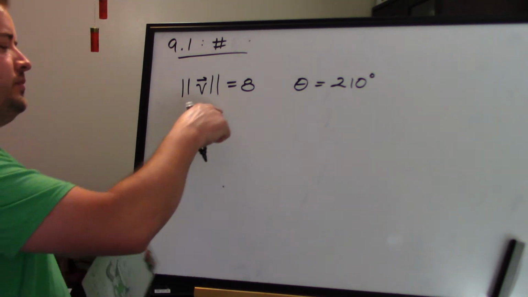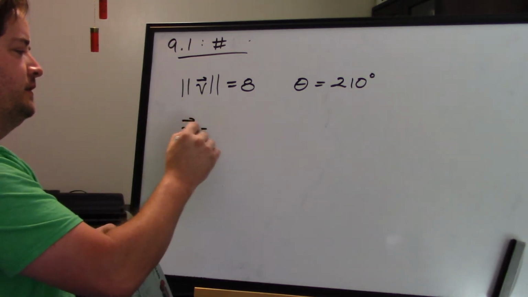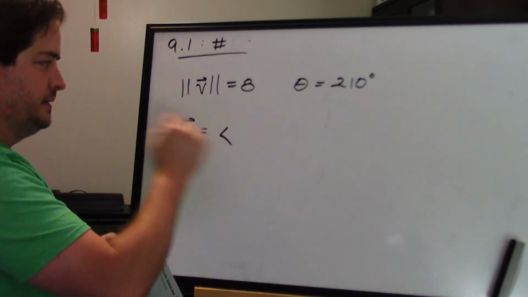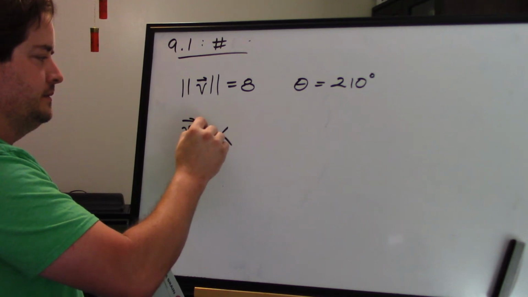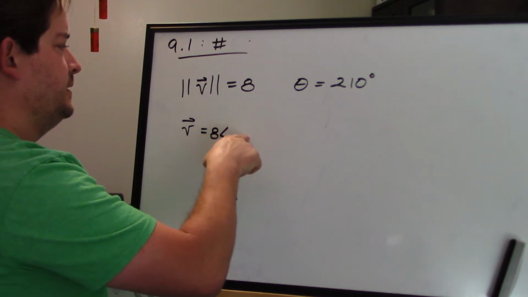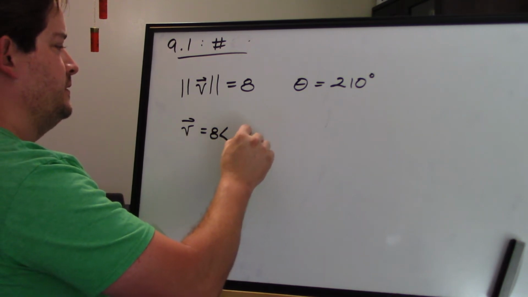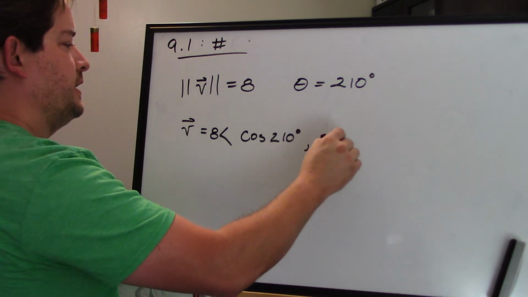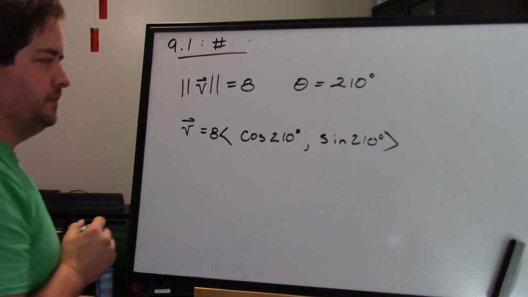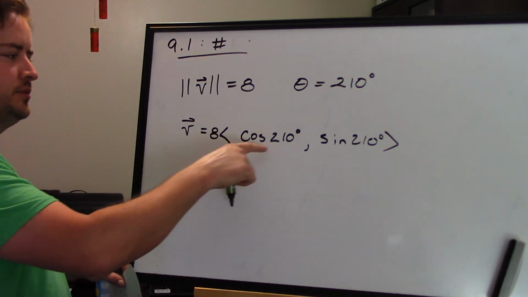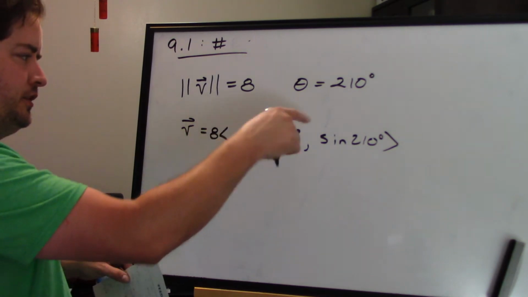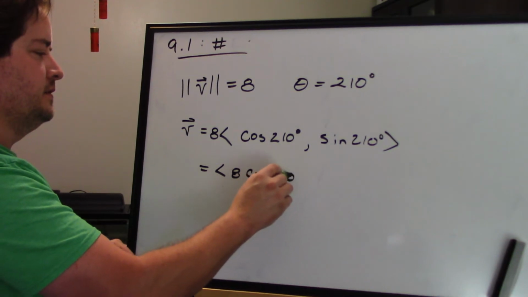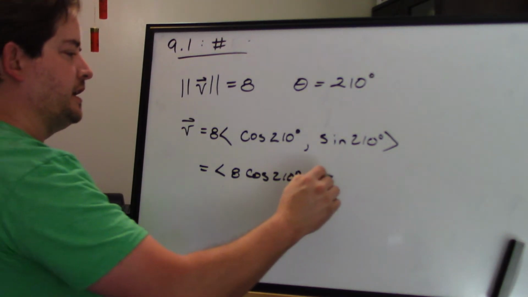Alright, so this vector then, v, is 8 multiplied by the cosine of 210, comma, the sine of 210. It can be rewritten as its magnitude multiplied by the cosine and sine of its angles. If you distribute that through, this becomes simply 8 times the cosine of 210, comma, 8 times the sine of 210.